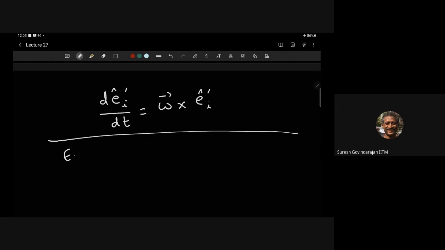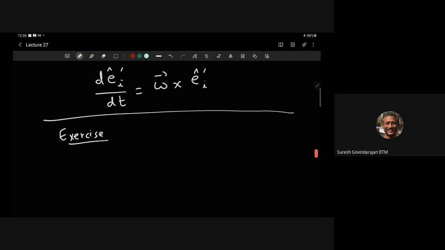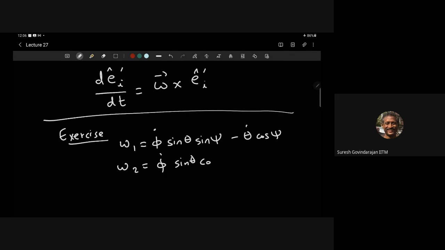So the exercise, which I gave last time, was omega 1 is phi dot sine theta sine psi plus theta dot cos psi. Omega 2 is phi dot sine theta cos psi minus theta dot sine psi.